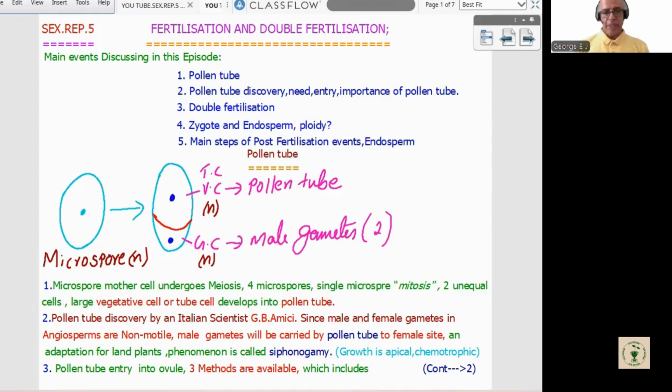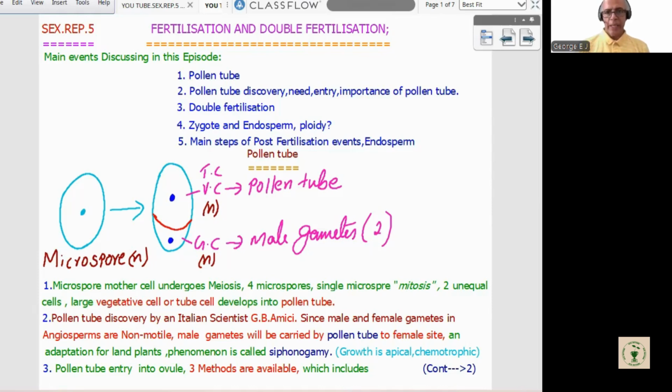Pollen tube discovery is by an Italian scientist, G.B. Amici. In angiosperms, that is a popular question, male and female gametes both are non-motile. So the male gamete should be carried to the female spot.